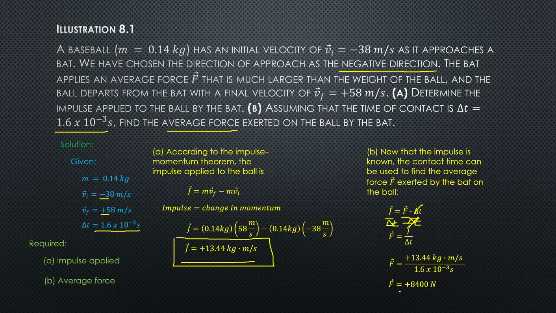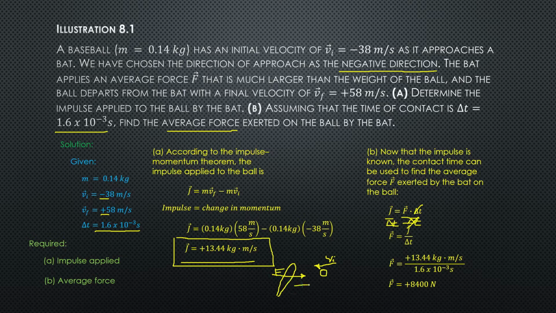The force is positive, indicating that it points opposite to the velocity of the approaching ball. For example, if this is the baseball bat, and the baseball is approaching with an initial velocity, the direction is negative, pointing to the left, and the force applied to the ball will be in this direction.